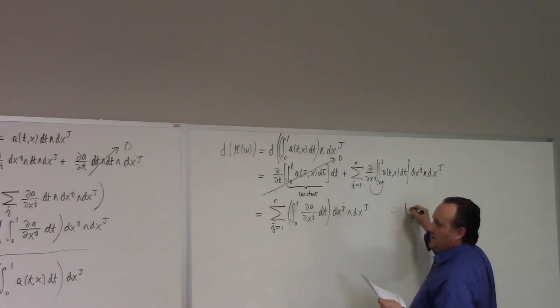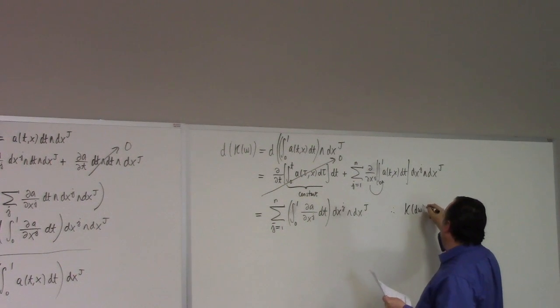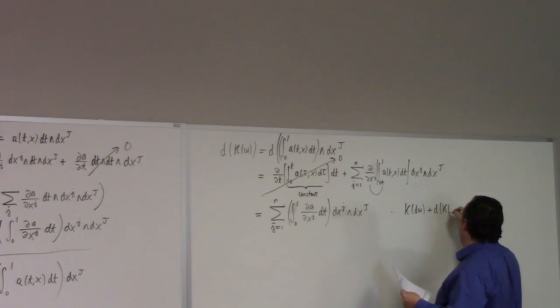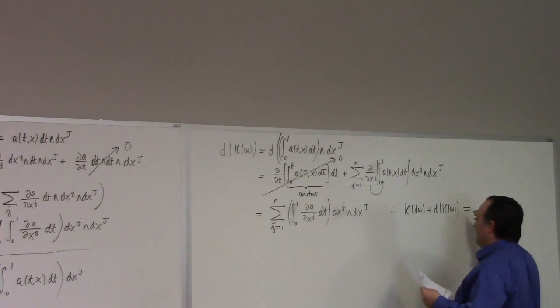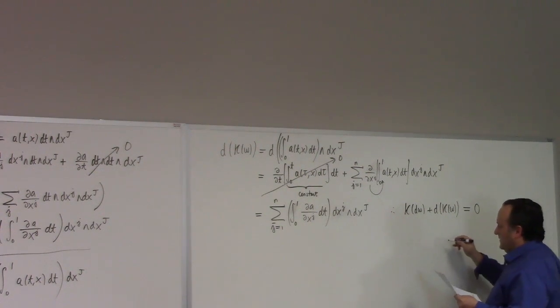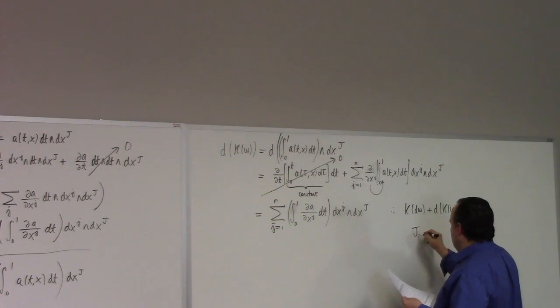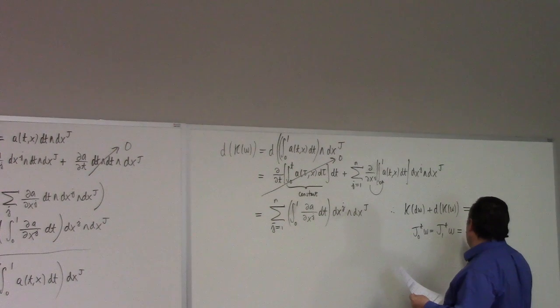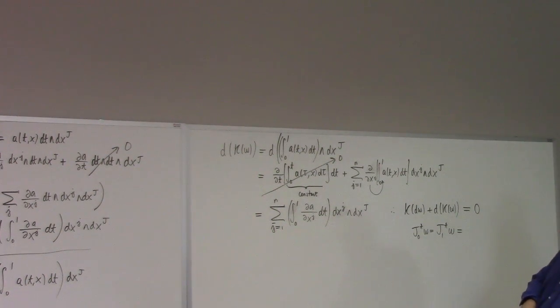if we take k of d omega and we add d of k omega, what do we get? 0. But notice that J0 pullback omega is equal to J1 pullback omega is also equal to 0, right?